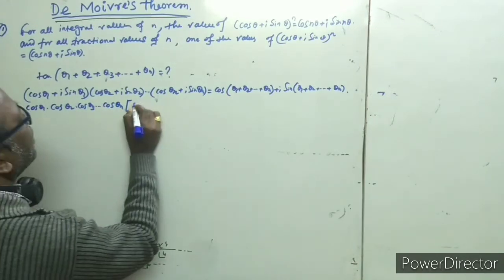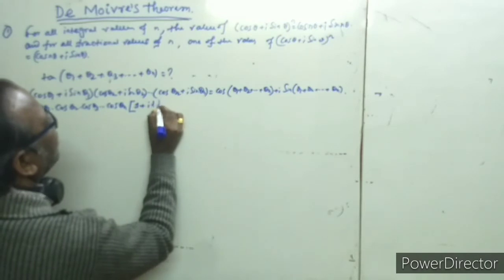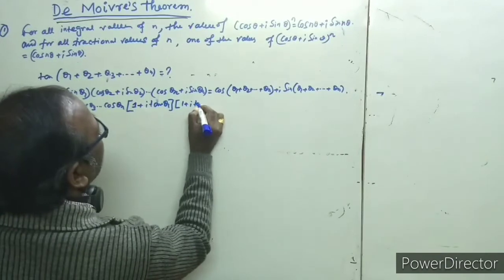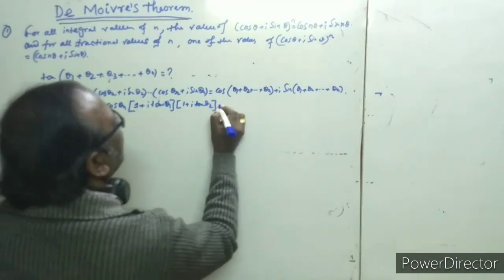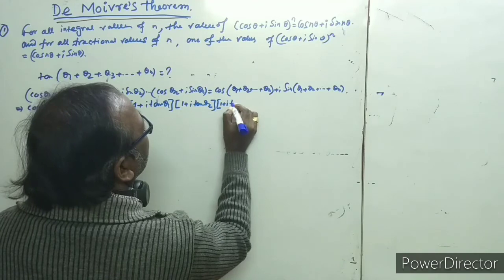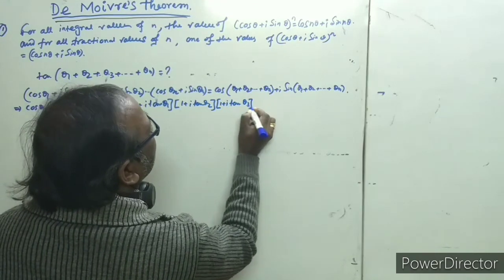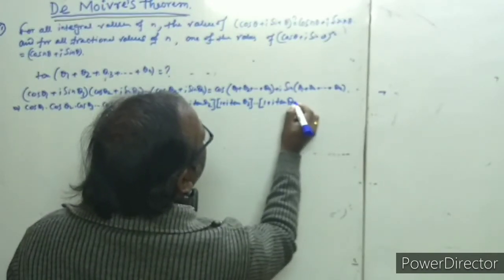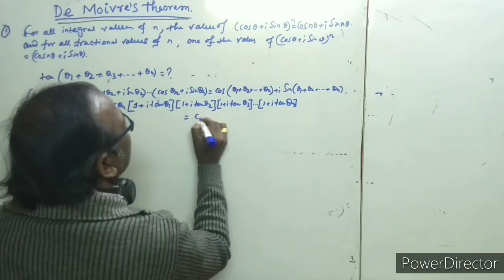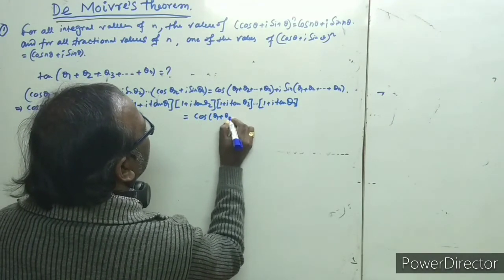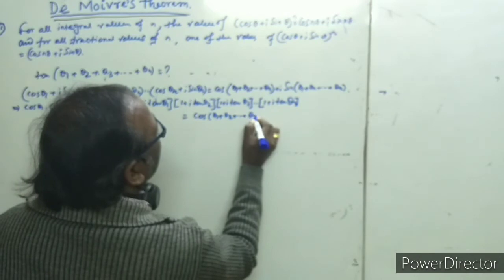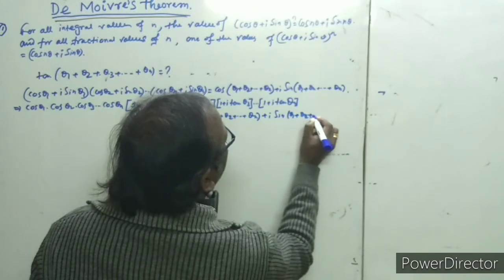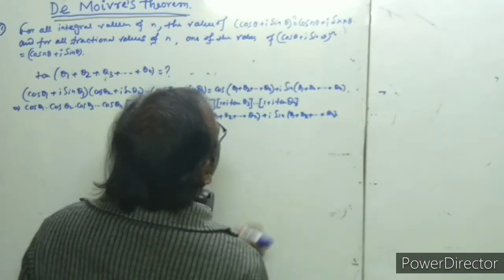Then remaining factors are here 1 plus I into tan theta 1, 1 plus I into tan theta 2, 1 plus I into tan theta 3, dot dot 1 plus I into tan theta n here, and this is equal to cos of theta 1, theta 2, and theta n here, I into sine of theta 1, theta 2, dot dot theta n here.